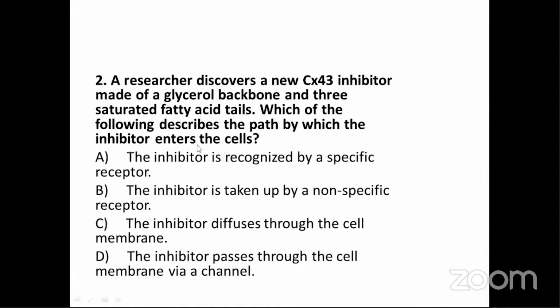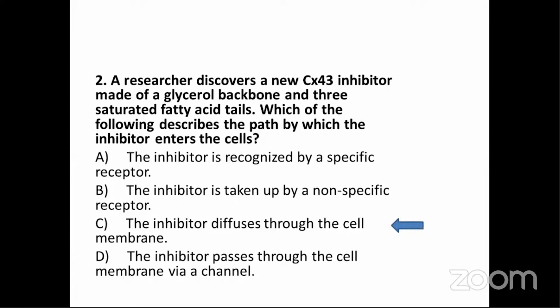The correct answer is C: the inhibitor diffuses through the cell membrane. What do you know about this inhibitor? It's made of a glycerol backbone and three saturated fatty acid tails. That sounds a lot like a triglyceride, which is a lipid. How do lipids usually get into cells?